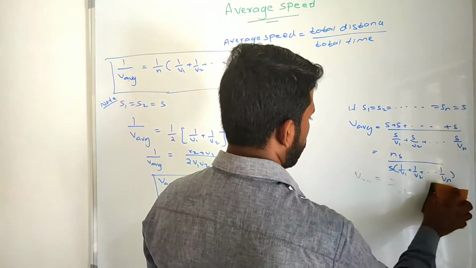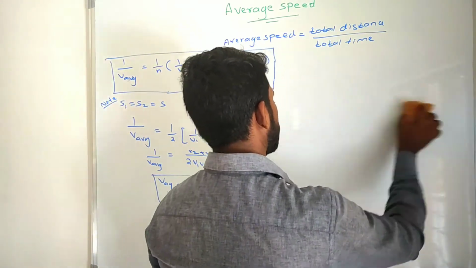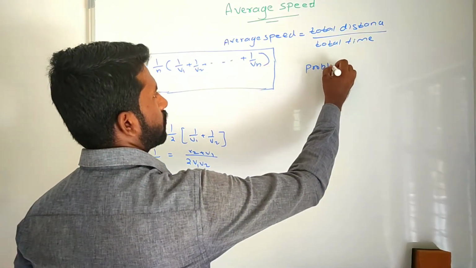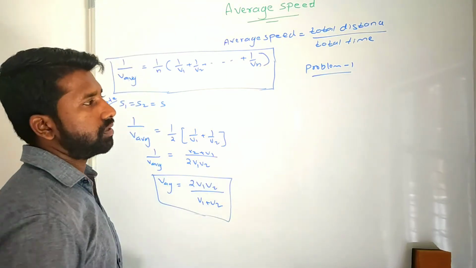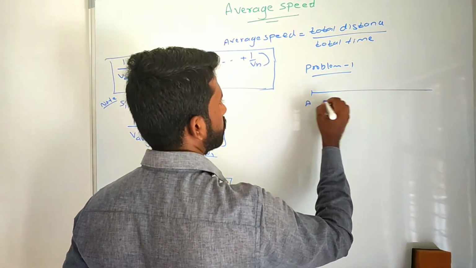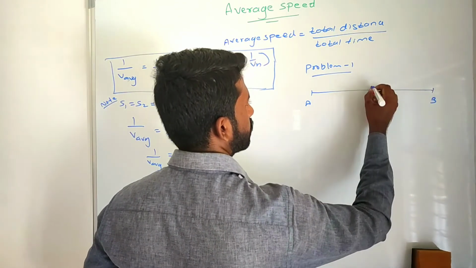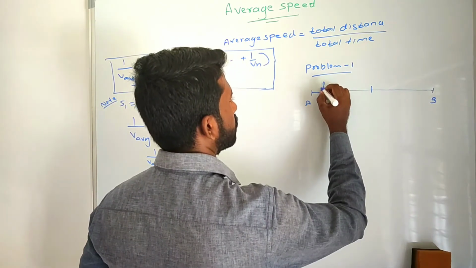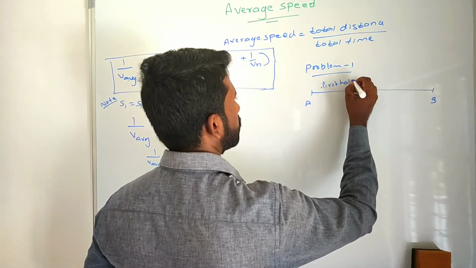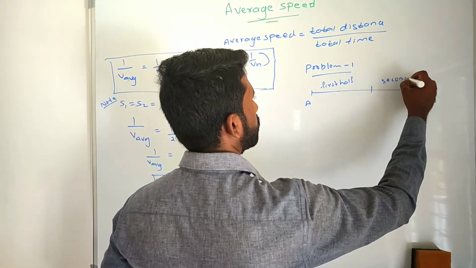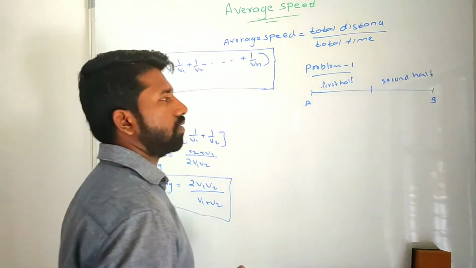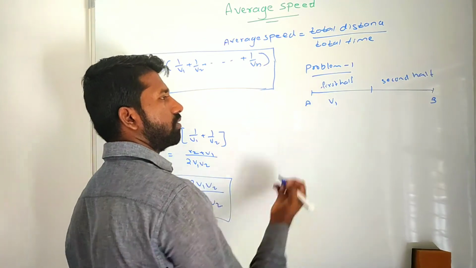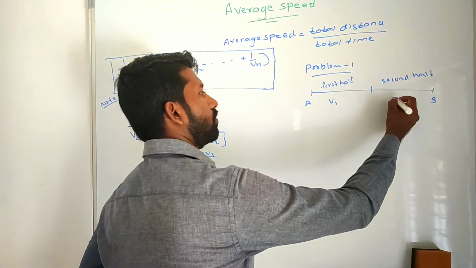Then in this type, how will the problem be asked, we will see. Problem 1. They will say: the first half of a distance is traveled with some velocity V1, and the second half with a velocity of V2.